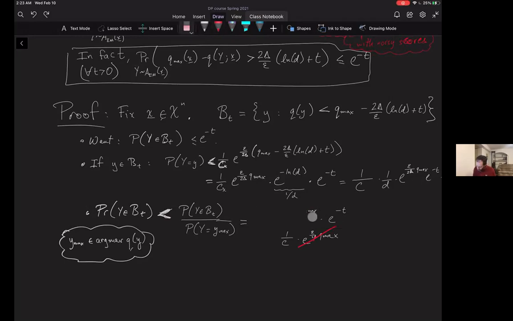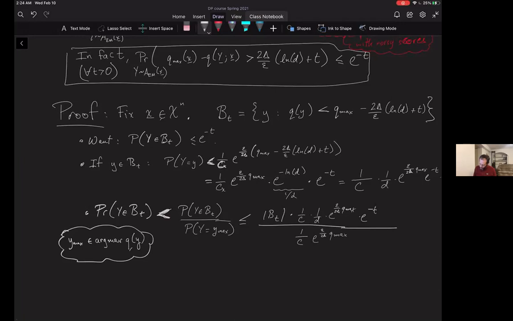Sorry, actually, I made a mistake. I skipped a step, so let me go back and simplify this. This is at most the size of the bad set times that thing I had before: 1 over c, 1 over d, e to the epsilon over 2 delta q max, and e to the minus t. And on the bottom, what I wrote before, e to the epsilon over 2 delta times q max. Sorry, I'd lost the set size in the expression.